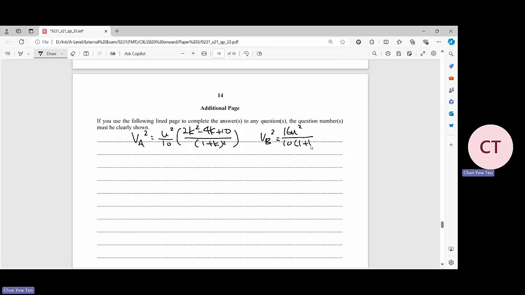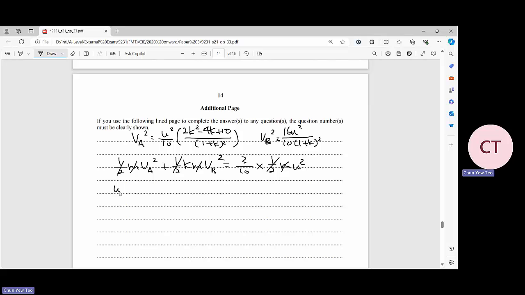And 1 plus k square. Okay, so our final KE will be half m VA square plus half km VB square is equal to 30% of half m u square. Okay, so half m cancels first.